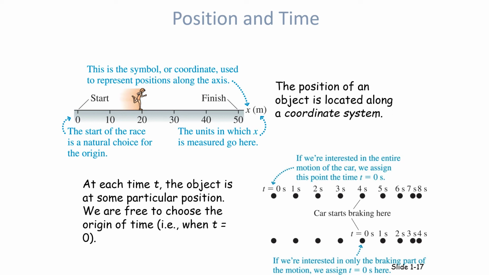So let's say that if we're interested in the entire motion of the car, we can say that at 0 seconds it's here, 1 second, 2 seconds, 3 seconds. Based on this, you can kind of see that if you're looking at the car, as the time is increasing, the distance is decreasing. That means that the car is slowing down based on this particular particle, this particular point, etc.